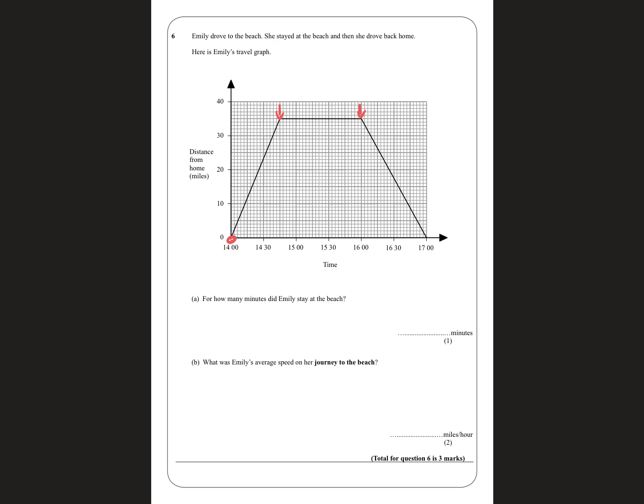So we want to find out how long that is. So if we draw a line down, again, it'd be better using a ruler for this, to there. And then again from here down. Oh, my line's gone off a wee bit. But from that you can see, so it's halfway between 1430 and 1500 hours, so that would be 1445, and the other line comes down at exactly 1600 hours.